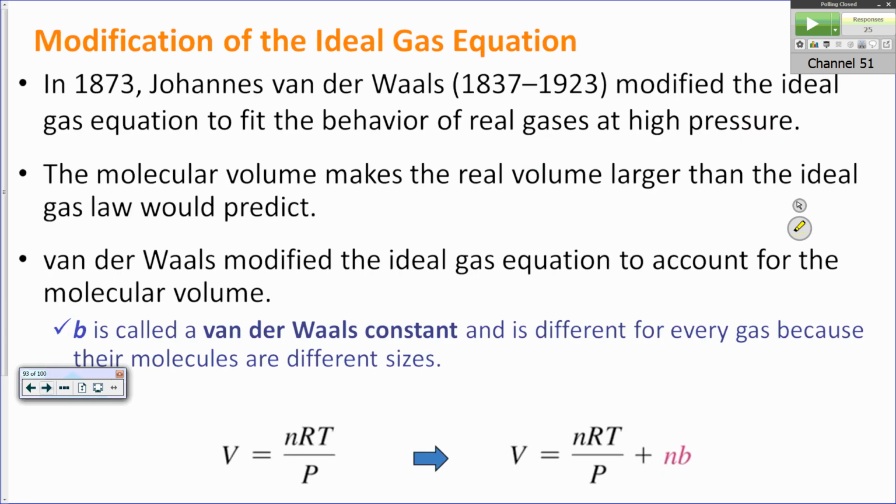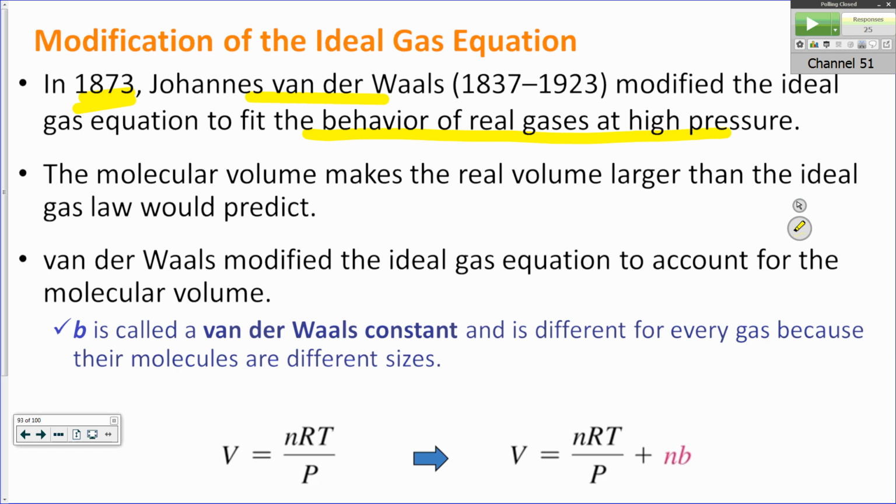When they realized that this difference occurred, way back in the 1800s, 1873, Johannes van der Waals came up with an equation that modified the ideal gas law to fit the behavior of real gases at high pressures. Basically what he put in is a fudge factor.